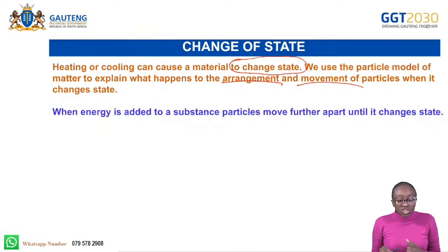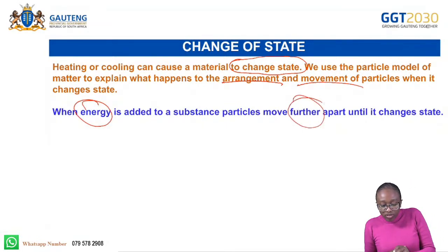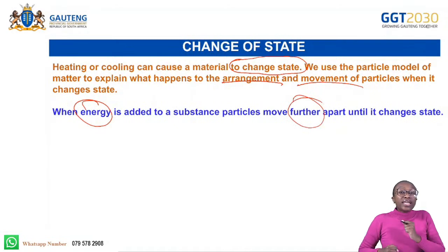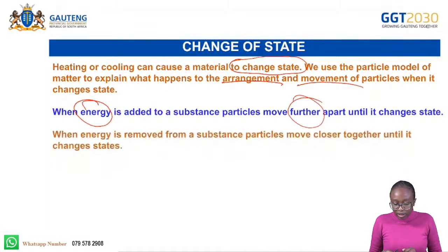When energy is added to a substance, particles will move further apart until it changes its state. We added energy, particles are moving further apart. Adding energy makes particles move further apart because they've gained energy and they now have energy to overcome the forces of attraction that were keeping them in the original position in the first place.